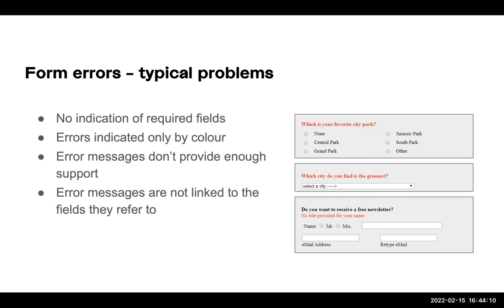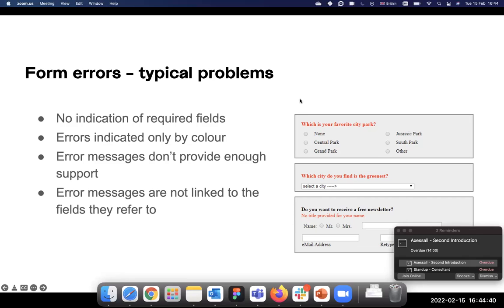For example, users get surprised that some fields are required, while in another product some fields are identified with an asterisk, or the word required, or optional for the optional fields, so that the user will understand that the ones not identified as optional are required. So this is one big common failure.